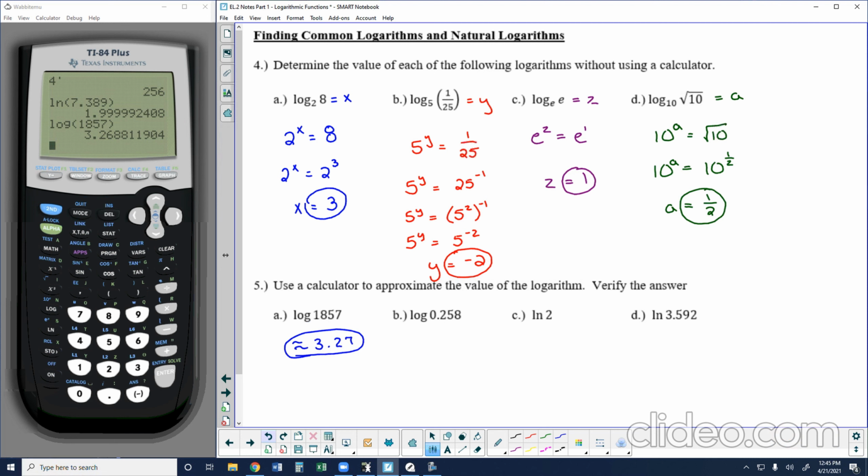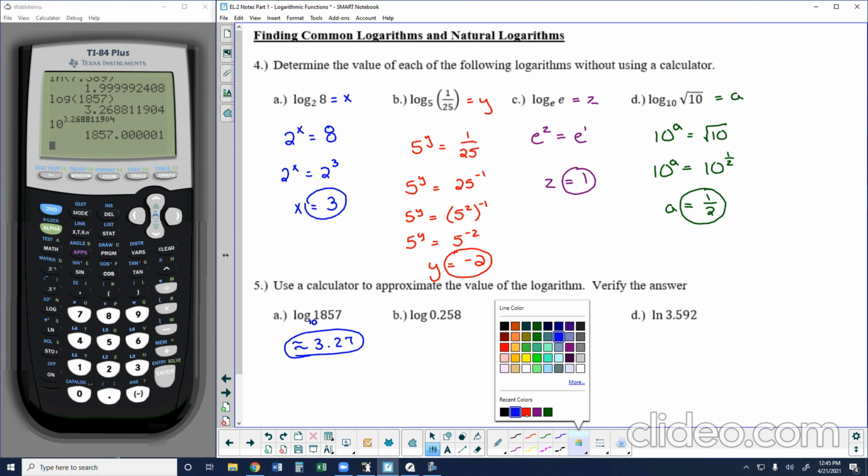So if I want to rewrite this into exponential form, this would be base 10 to the 3.27 power, and this should be approximately 1857. So I can do that in my calculator by doing 10, hitting the exponent, and then entering that decimal representation. And this should be 1857, and it is approximately 1857. So we can verify that these are actually good approximations by rewriting into exponential form.